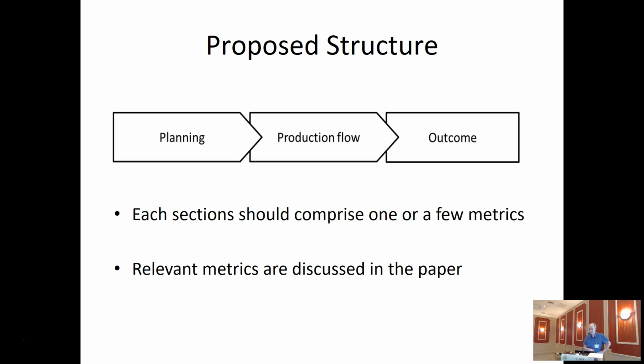So that must be there. Then it's the production flow itself. How does production flow? And the third part is what's coming out of it. We have to have all these three perspectives on it. While some of the things we see only focus on, for example, how the last planner or the planning process is working, we want to focus on it all.